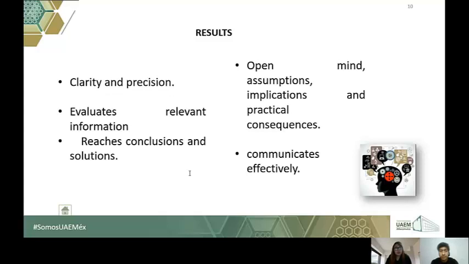Becoming a critical thinker brings with it good results: becoming able to formulate vital problems and questions with clarity and precision, accumulating and evaluating relevant information and abstract ideas to interpret that information effectively, being able to arrive at conclusions and solutions by testing them against relevant criteria and standards, thinking with an open mind within alternative systems of thought, recognizing and evaluating as necessary opposing implications and practical consequences.